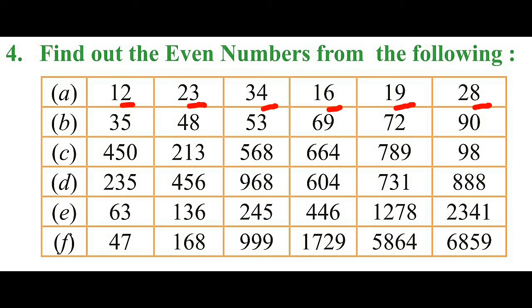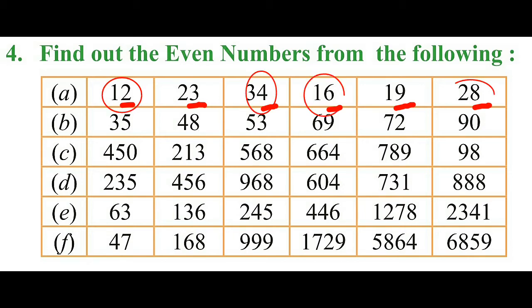So let's try A part. Here 12, you can see at ones place it carries 2. So 2 is an even digit, right? Because it comes in table of 2. So 12 is an even number. Next 23. Here it carries 3 at the ones place. So this is not an even number, right?